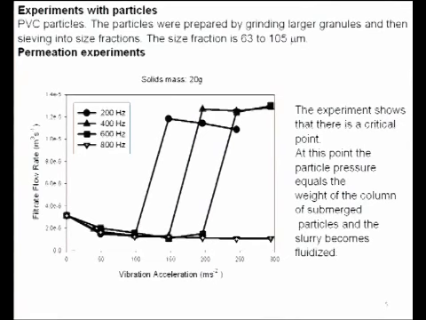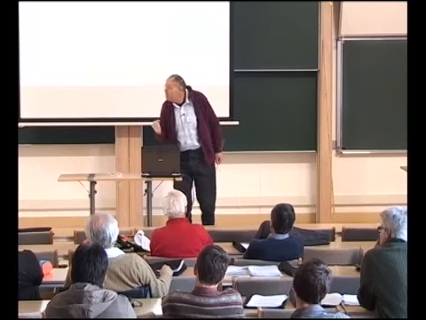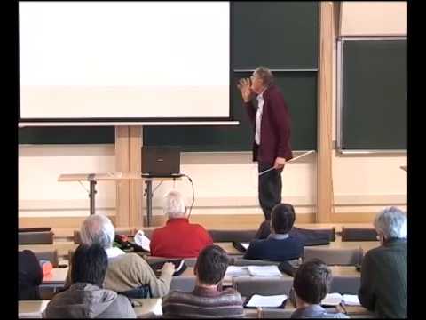So I'm not going to talk about that. What I'm going to talk about is this regime here where the stuff is fluidized, and that's intriguing. And the theory I want to use is the granular temperature theory by McTigue and Jenkins, published in 1992.